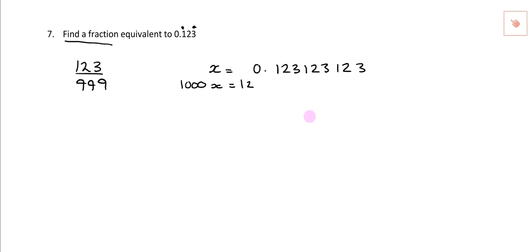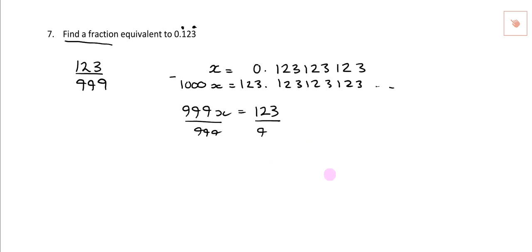So that would be 123.123123, and so on. We then subtract, so we've got 999 x's is 123, divide by 999, and we get x is 123 over 999. No need to simplify, it is the fraction. Okay? How long have we got? Plenty of time.